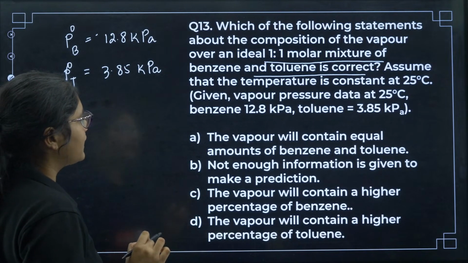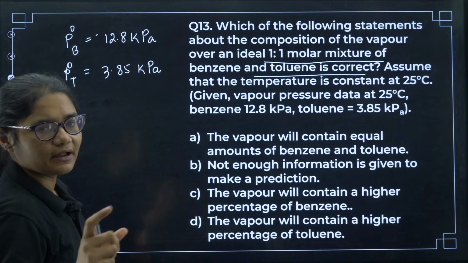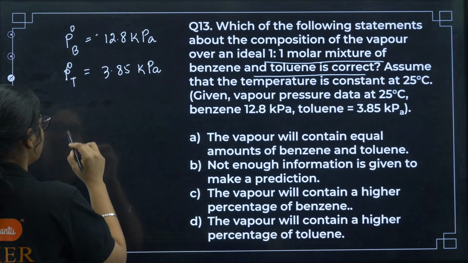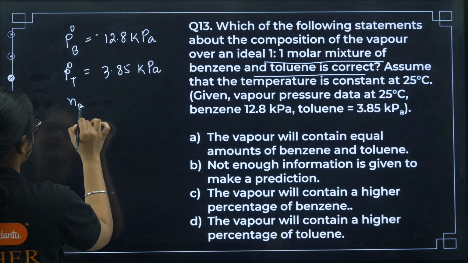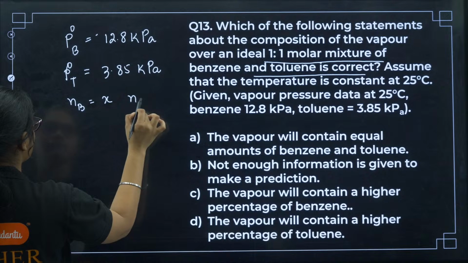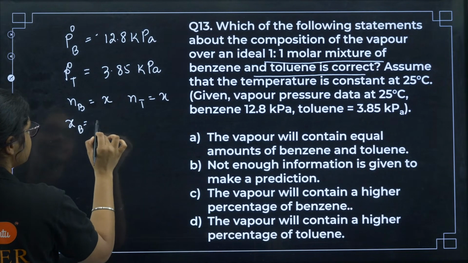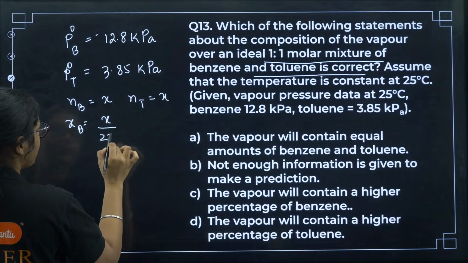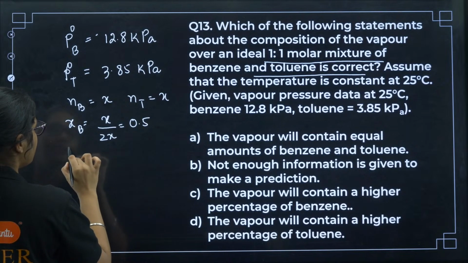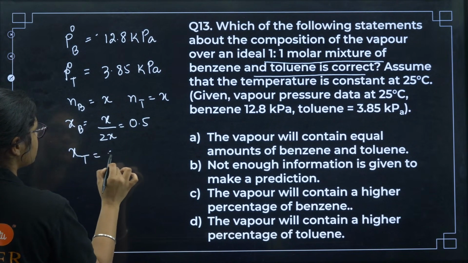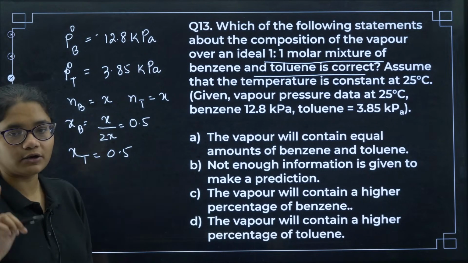Clear? Now you have a 1:1 molar mixture of benzene and toluene. Let me say the number of moles of benzene is X and the number of moles of toluene is X. So the mole fraction of benzene is X by 2X, which is 1 by 2, or 0.5, and the mole fraction of toluene will also be 0.5. Now first you have to calculate the total pressure.